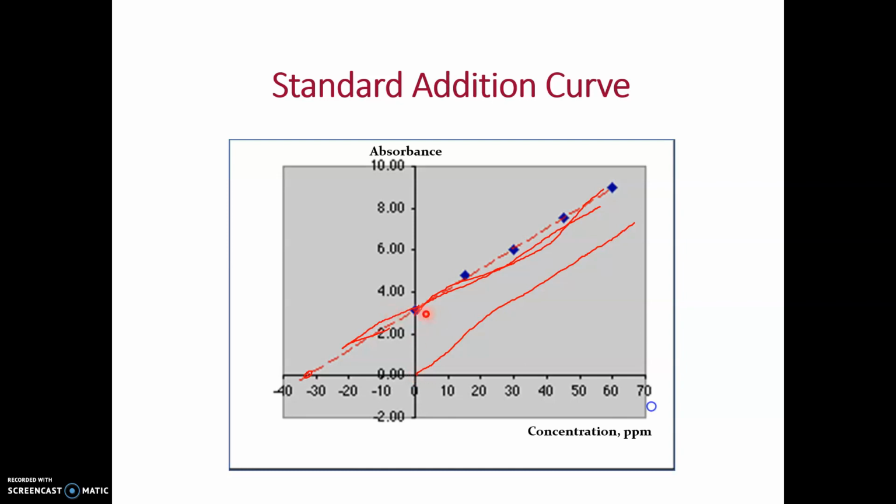It starts right here. That is another difference between the standard addition method and the standard calibration method. Then you plot the graph, and from there we extrapolate either by using the graph or by calculation to get the concentration of the unknown solution.